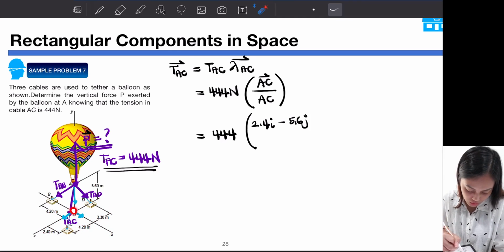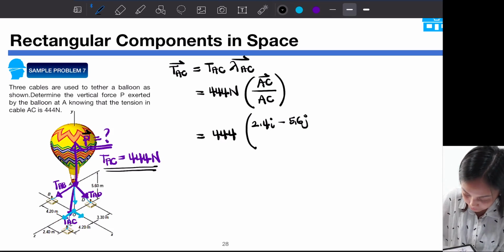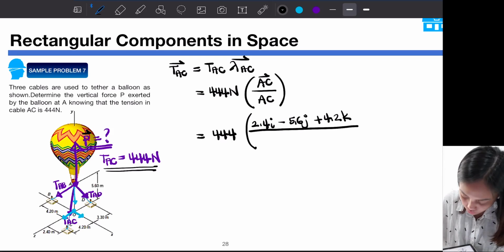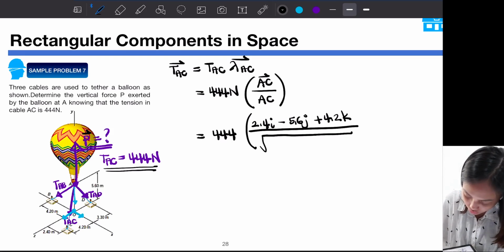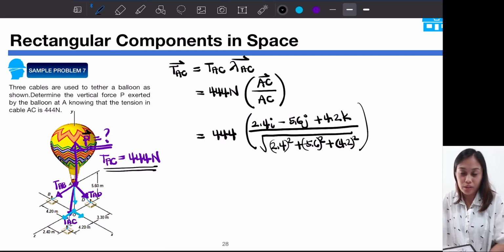Ang force TAC along z-axis is directed towards you, therefore positive 4.2 meters or 4.2 K divided by the square root of 2.4 squared plus negative 5.6 squared plus 4.2 squared.